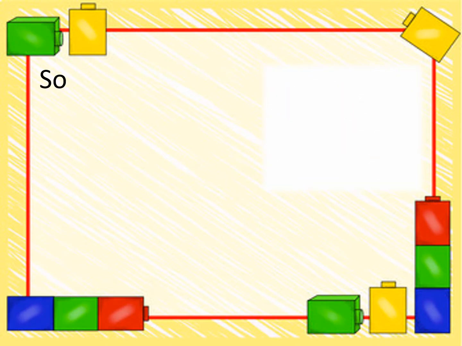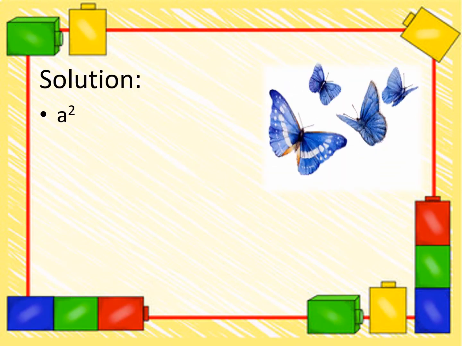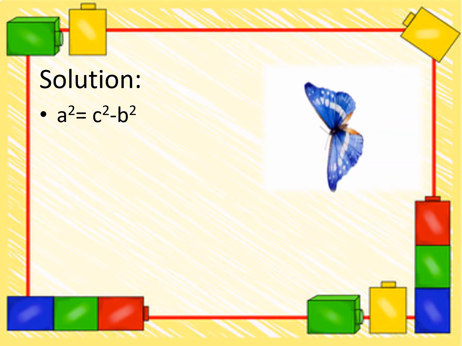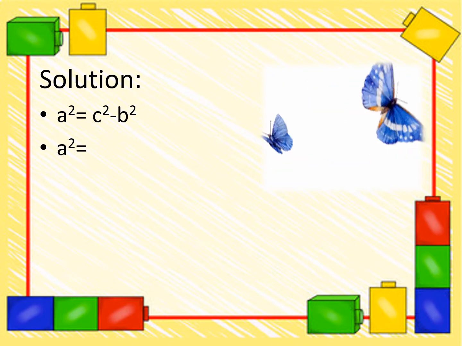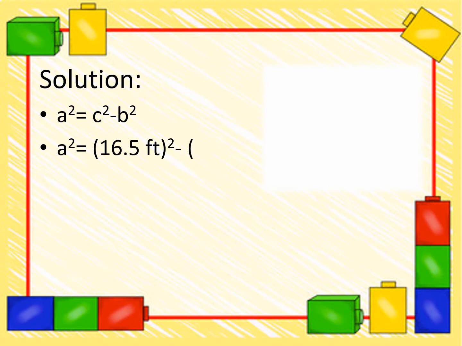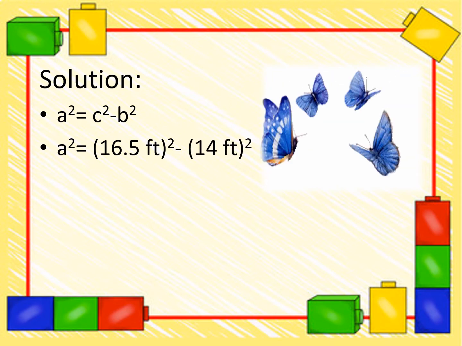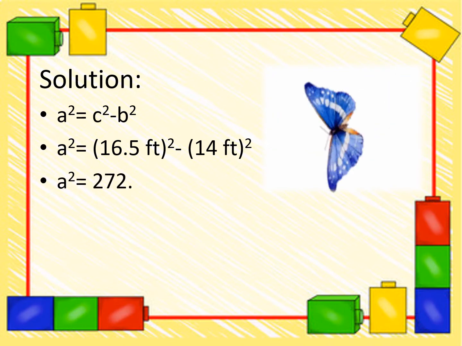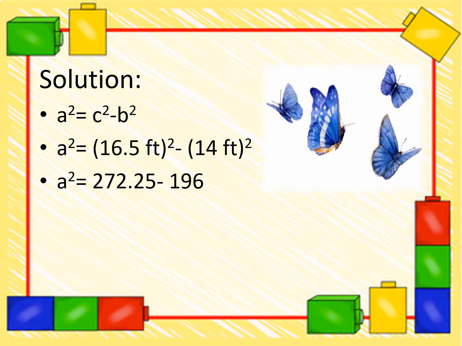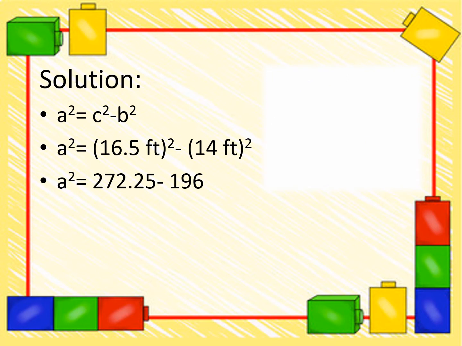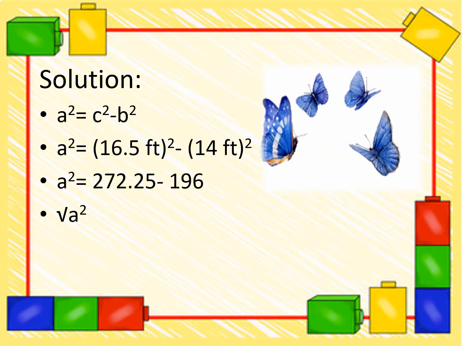Here is the solution of the problem. a squared equals c squared minus b squared. a squared equals 16.5 feet squared minus 14 feet squared. a squared is equal to 272.25 minus 196.